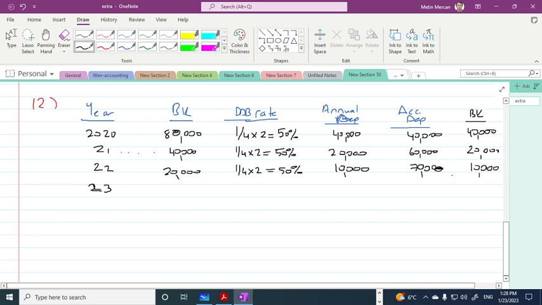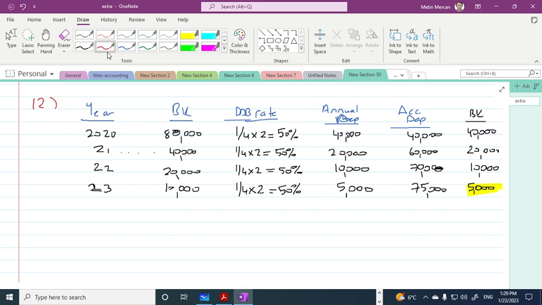Now we have $10,000, right? So if you multiply this by 50%, it is 5,000. So 5,000, and we have $75,000 accumulated, and the remaining is 5,000. As you see here, this is the remaining book value, the residual value, which is already given.